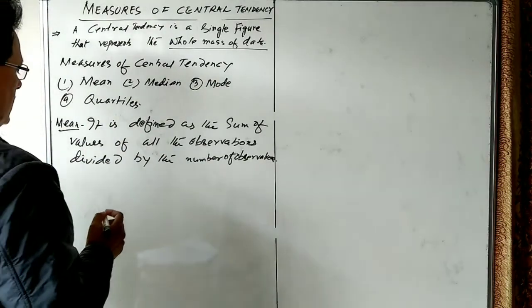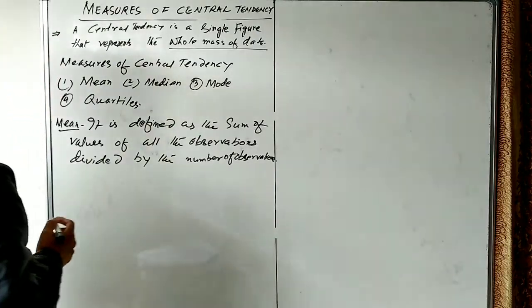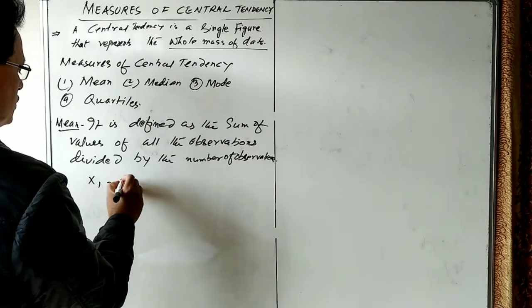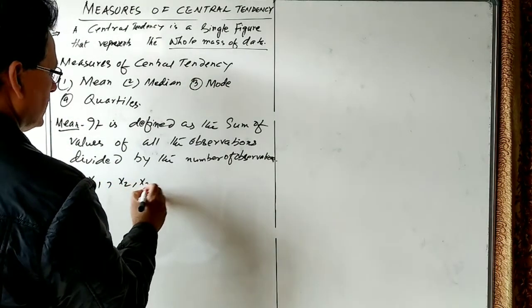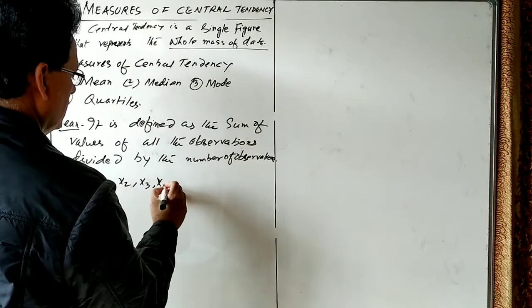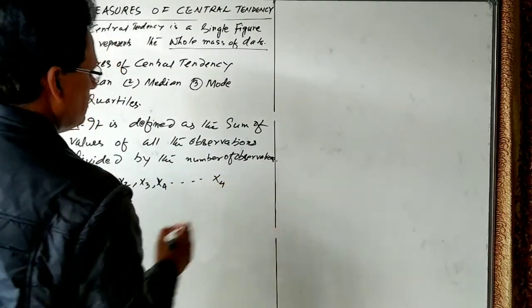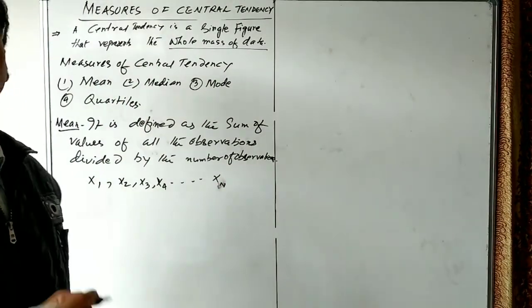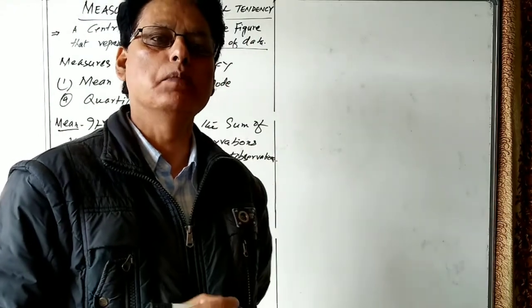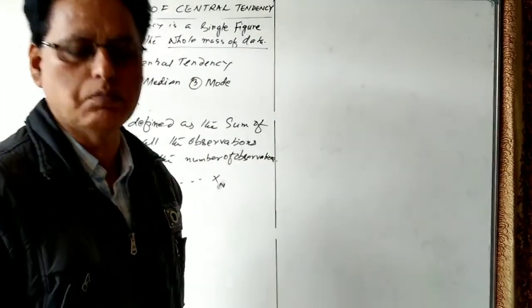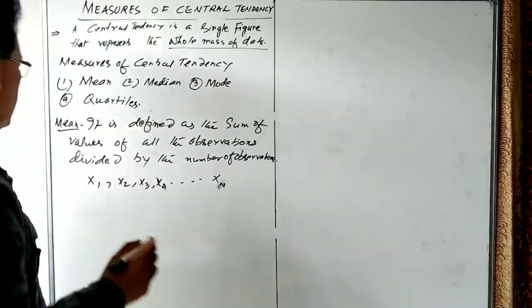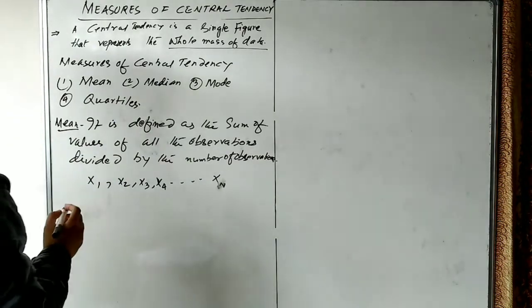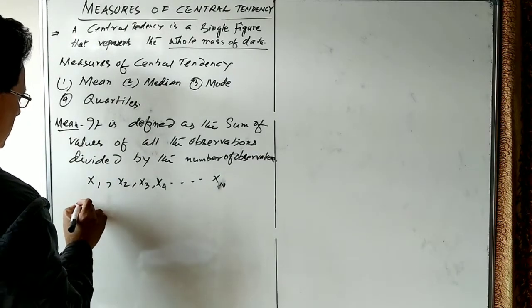Let us see, suppose there are n number of observations, and these observations are x1, x2, x3, x4, and this goes on to xn. Then how can we find out the mean, or the arithmetic mean, or the average? Mean is denoted by x bar.